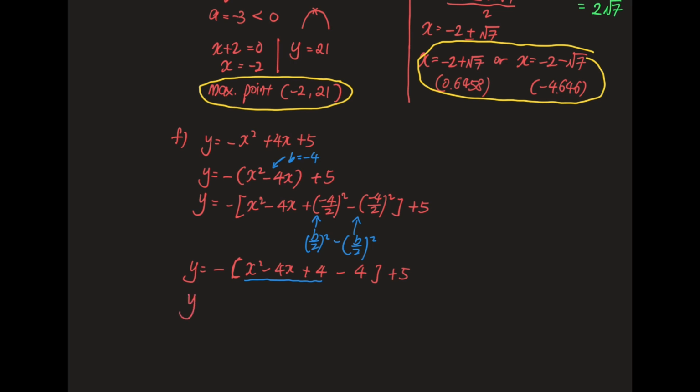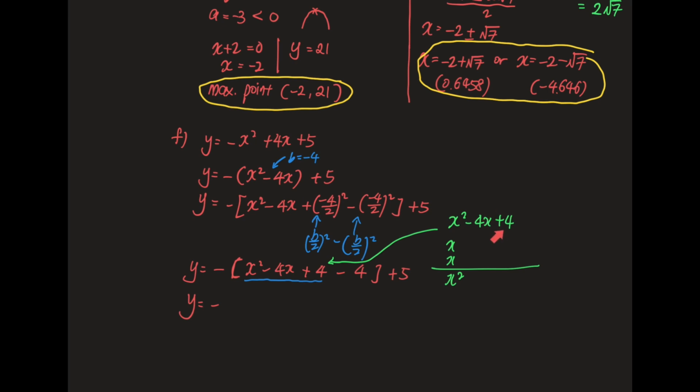Then we have to factorize the first three terms. How do we factorize? Let's show the working here: x squared minus 4x plus 4. To factorize this, x times x is x squared.